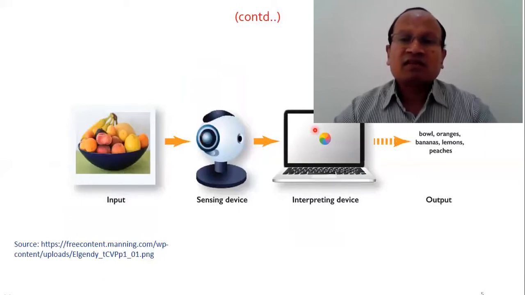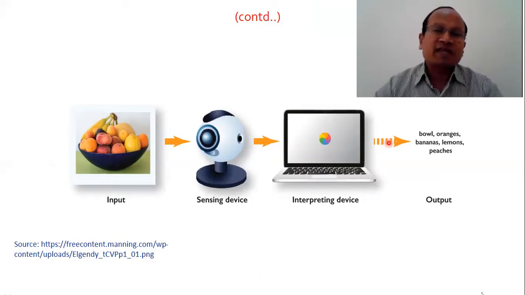Let's talk about one example. There is one input image. Look at the picture. There is a bowl where a number of fruits are there. So the sensing device, which is a camera, which combines a number of sensors, senses this picture and sends it to the computer.